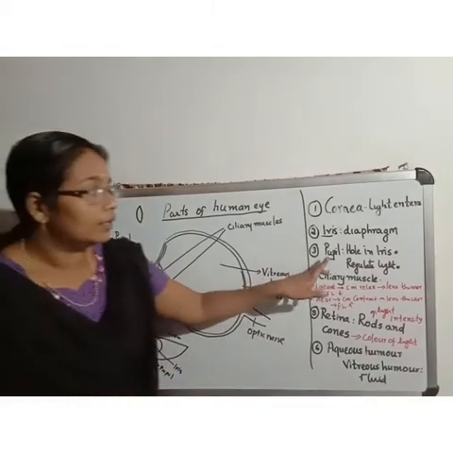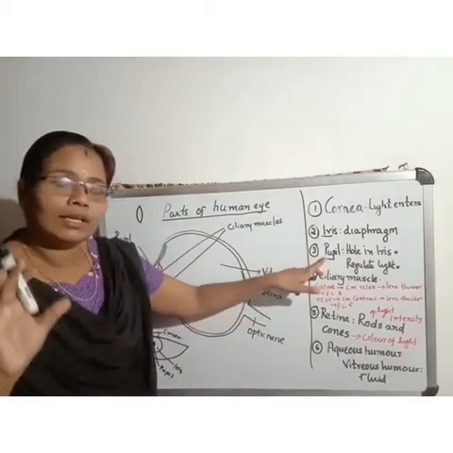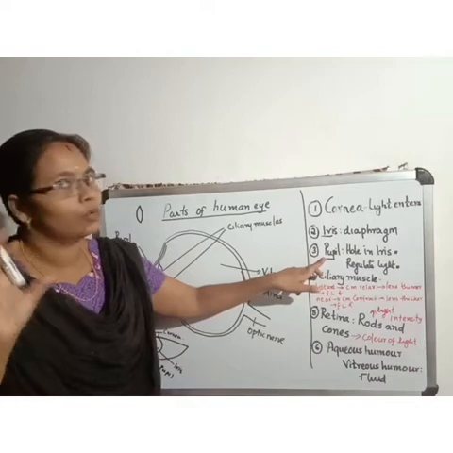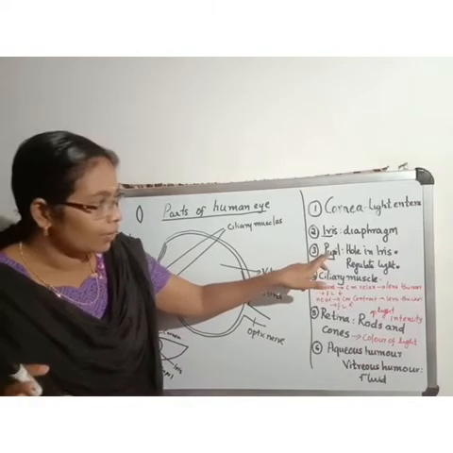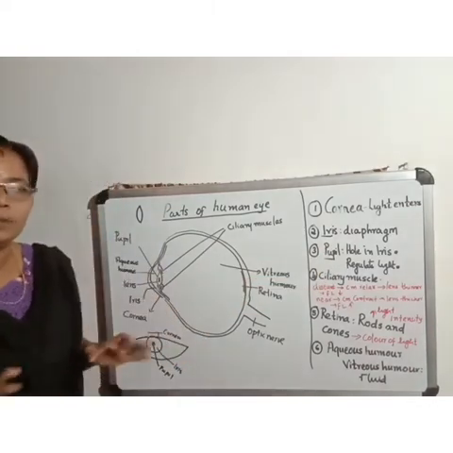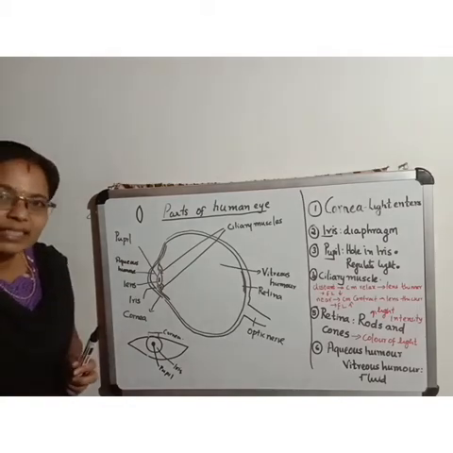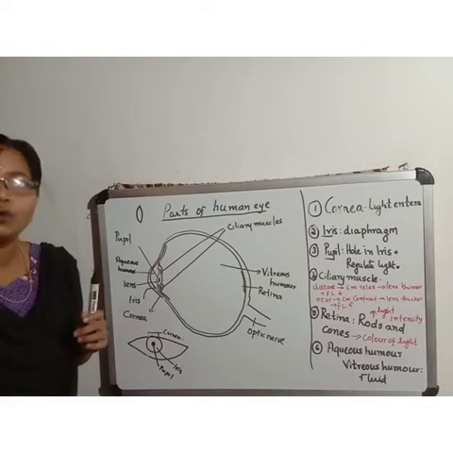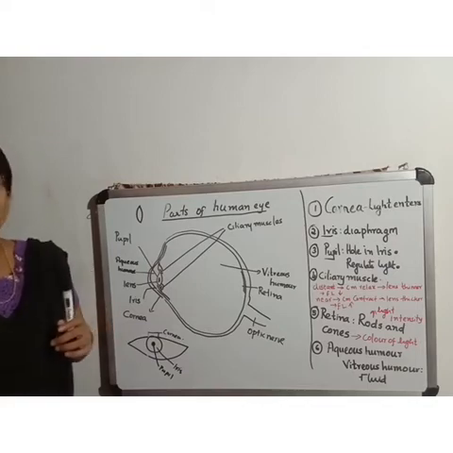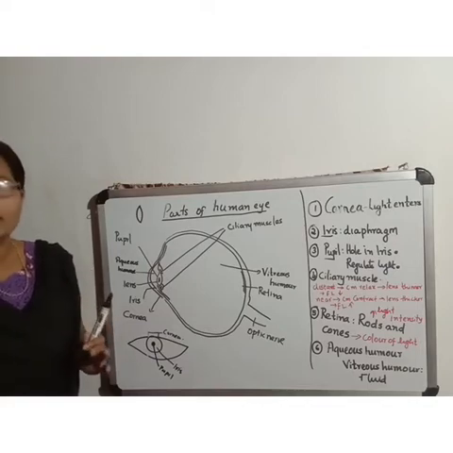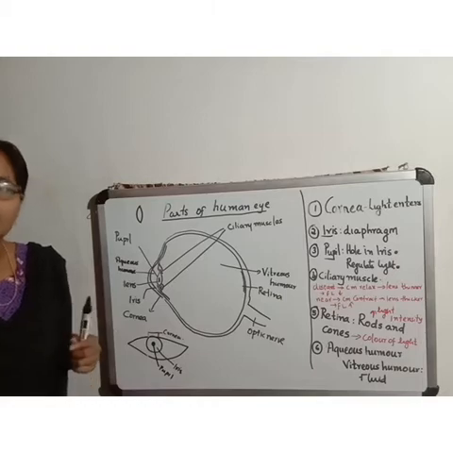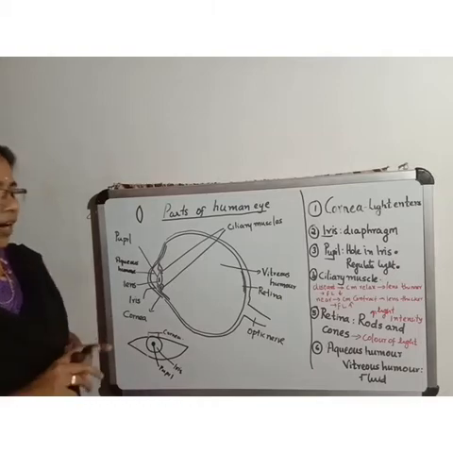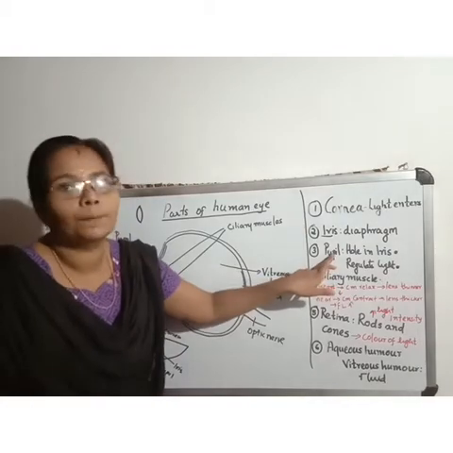Now the function of the pupil is also very important. The pupil regulates or controls the amount of light which is entering into our eyes. How much light needs to enter into our eyes is decided by this pupil.